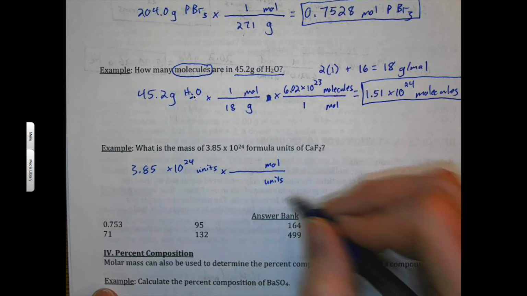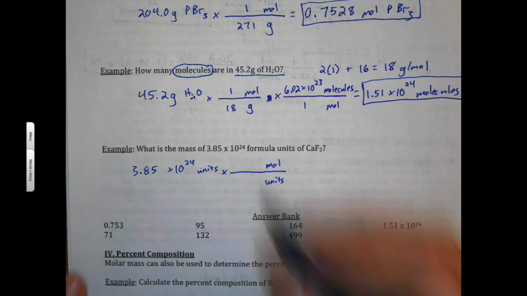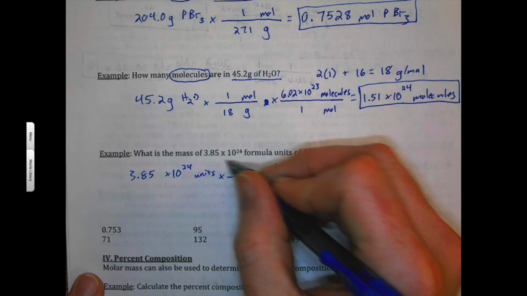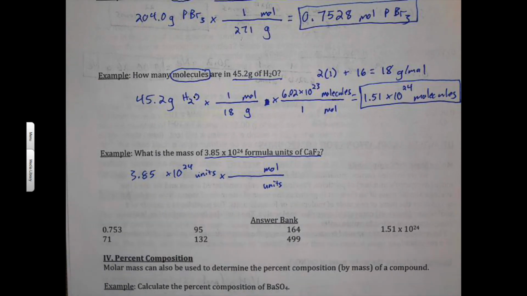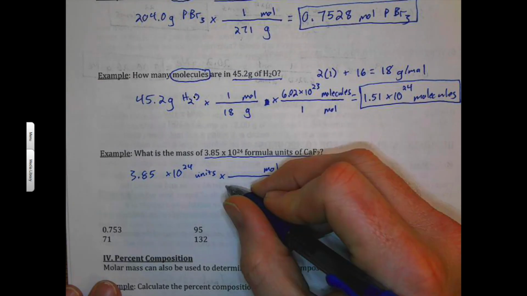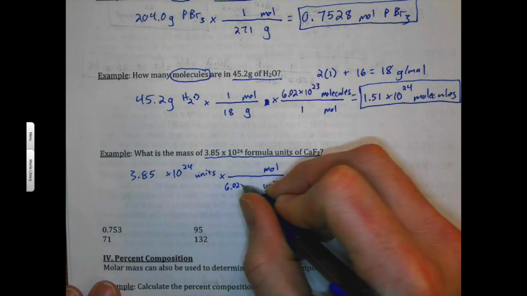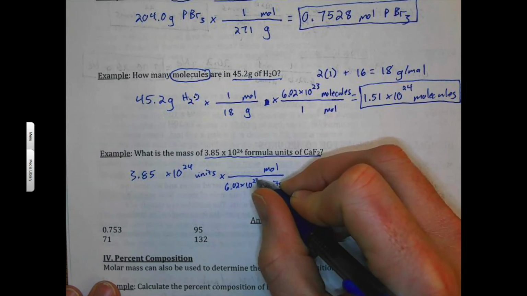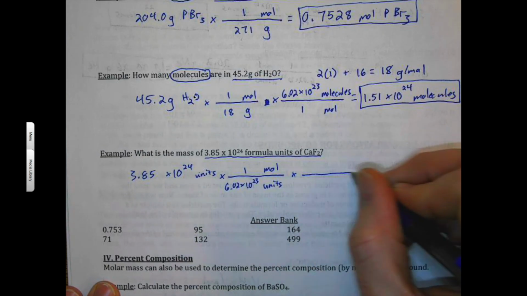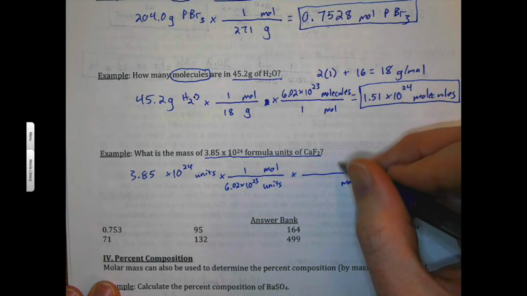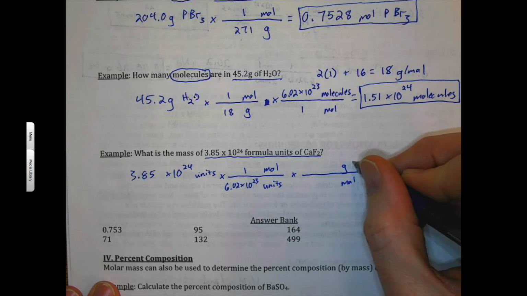Now, formula units was the same as molecules, right? Formula units just means that it is an ionic compound. So it's kind of the same thing as molecules. So 6.02 times 10 to the 23rd formula units in 1 mole. And then we're going to convert moles into grams, and that's calcium fluoride.